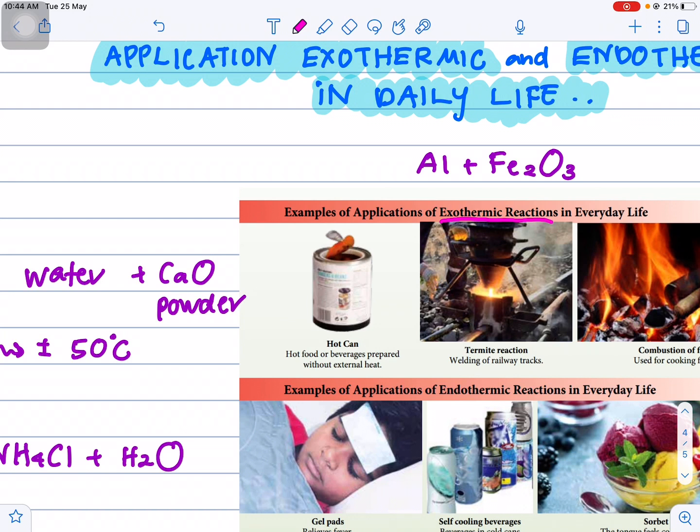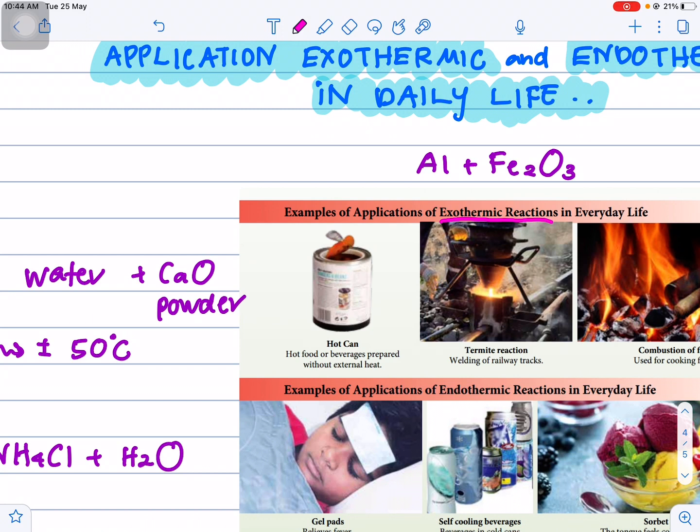Once the calcium oxide and the water are mixed up, this reaction is going to release a lot of heat to the surrounding. The heat released is approximately 50 degrees Celsius, and it is going to heat our food.